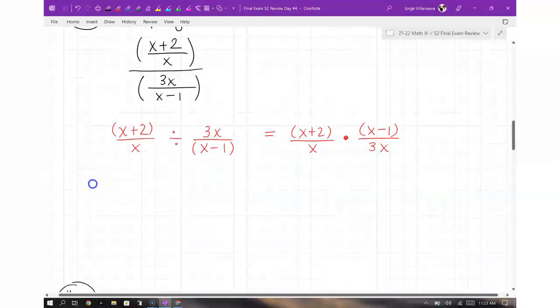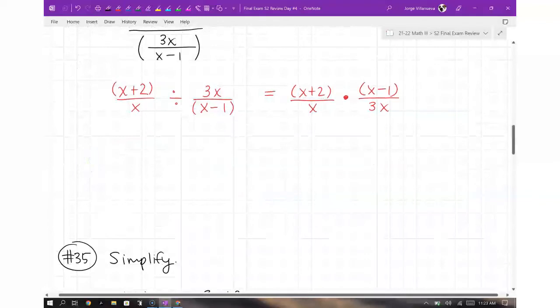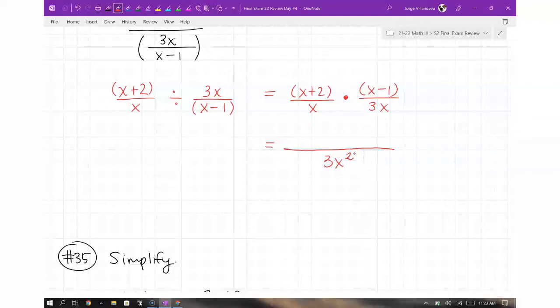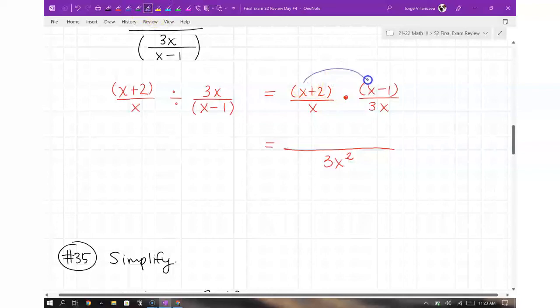And now I'm going to multiply across. The bottom, we'll do first because that's going to be easier. X times 3x is 3x squared. On the top, I'm going to have to FOIL. It's two binomials multiplied, so I'm going to have to distribute. So x times x and x times negative 1.